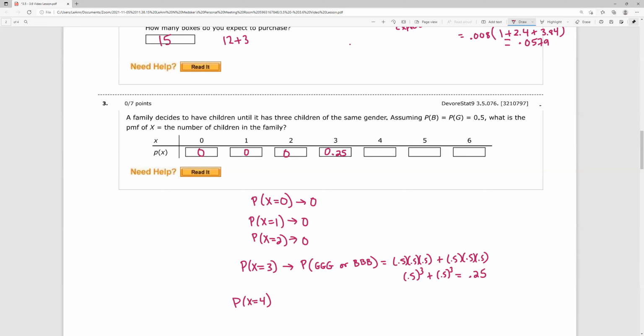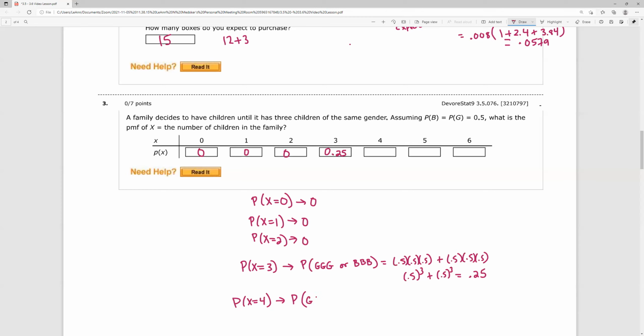And things get a little more complicated. Again, if we could use the negative binomial, if it was defined correctly, if we could somehow discuss the number of failures and how that works, but it's a little hard to imagine how that works. So it's easier to reason through this one. So if they've had 4 children, you can't have all 3 girls at the beginning because then you would have already had 3 in a row.